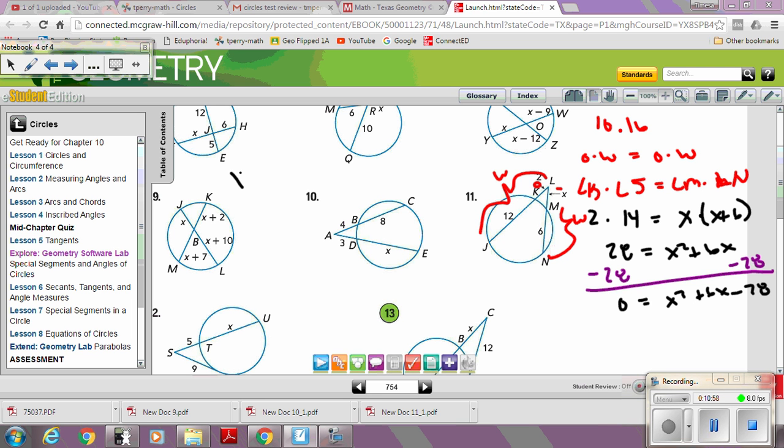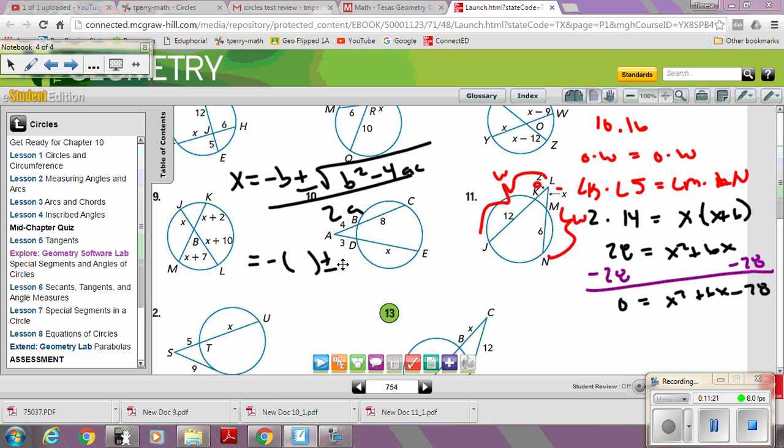The quadratic formula says x is equal to opposite b plus or minus the square root of b squared minus 4ac all over 2a. So what I would do if I were you is everywhere there's a variable, open a set of parentheses, because this is how you're going to put it into the calculator.